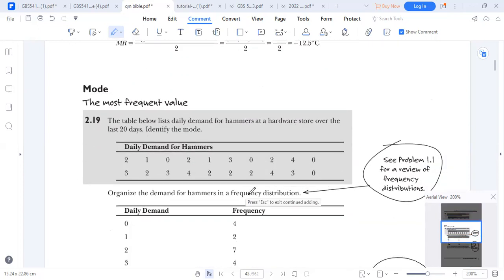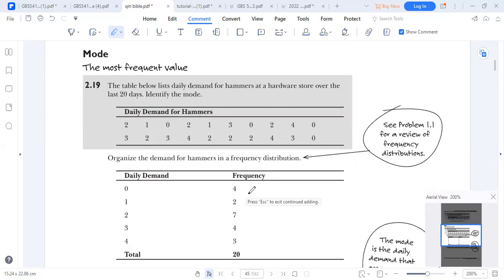All right, so we go back to the first question we had yesterday. Now we're going to look at the values we call the mode. We have the demand for hammers. So zeros, there are 4, 1s, there are 2, 2s are 7, 3s are 4, and 4s are 3 from this data set.